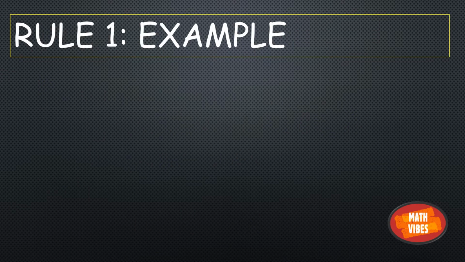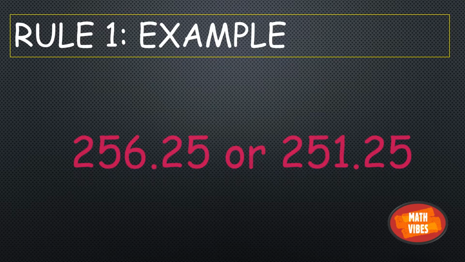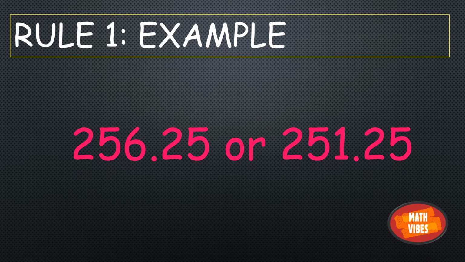Okay, so let us look at one more example related to rule 1. Now you have two numbers, 256.25 and 251.25. You want to find out whether this number is bigger or this one is bigger. Our first step will be to check the whole part. Here the whole part is 256 and here the whole part is 251.